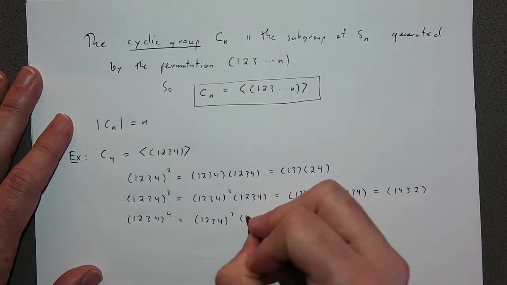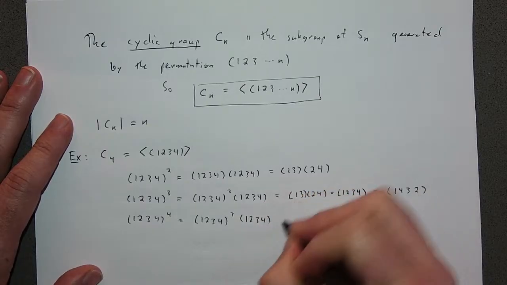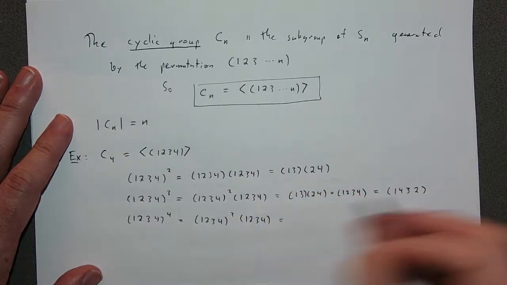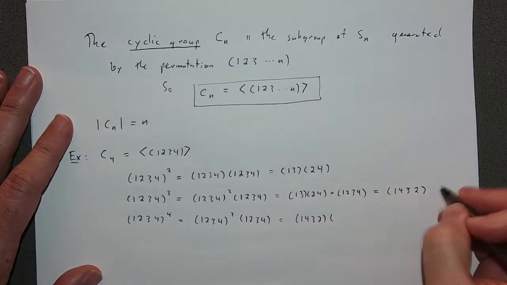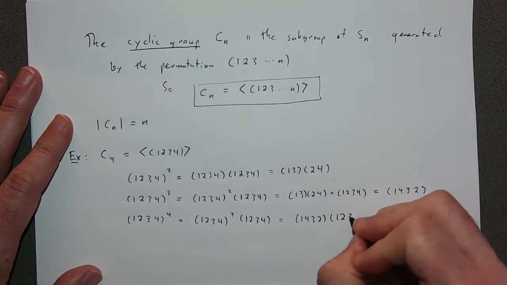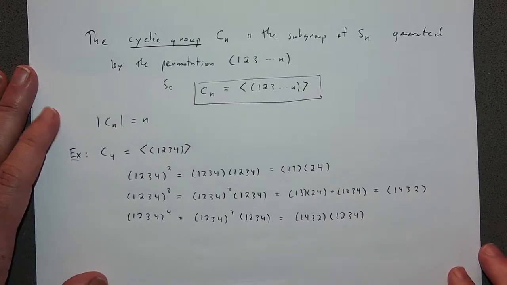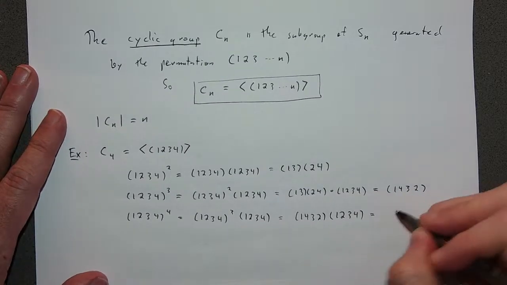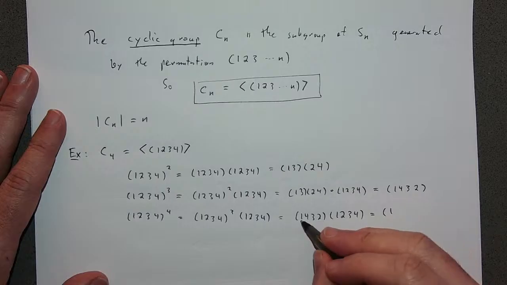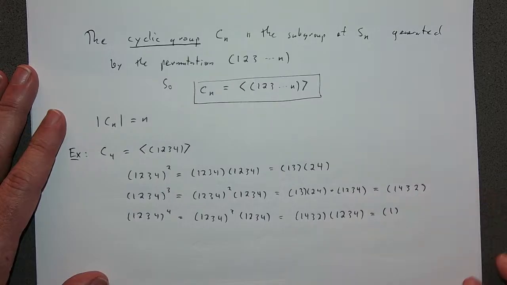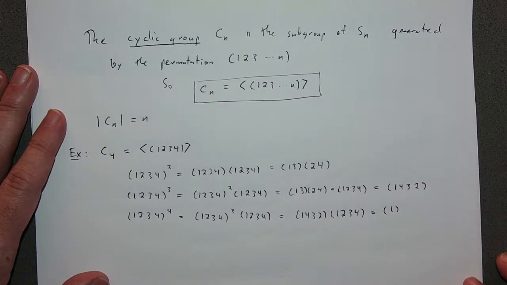times (1 2 3 4), which is, since (1 2 3 4) cubed is (1 4 3 2), (1 4 3 2) times (1 2 3 4). If I start with 1 here, 1 goes to 2, 2 goes to 1. So 1 is fixed.